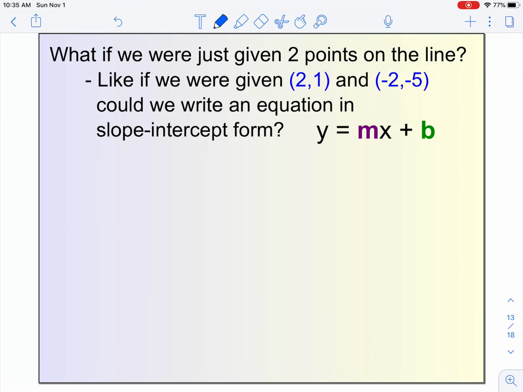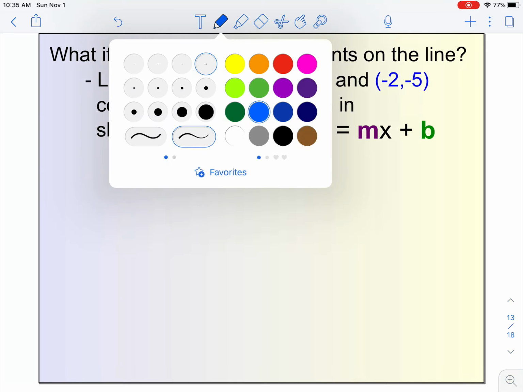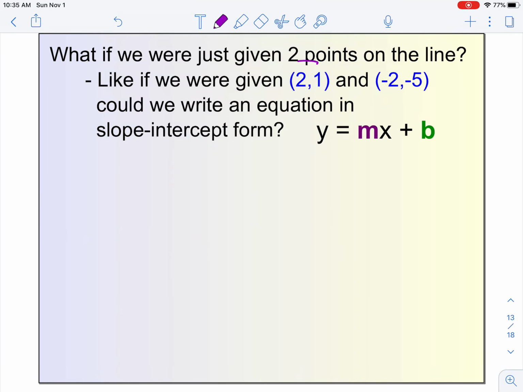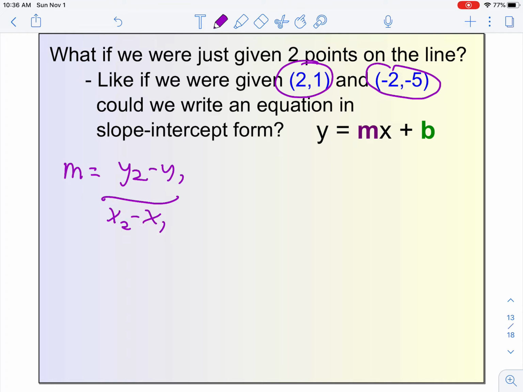All right. So what if we were just given 2 points on the line instead of the slope and a point? Could we still write the equation? Well, we know that we could take these 2 points right here and plug them into the slope formula, y2 minus y1 over x2 minus x1.